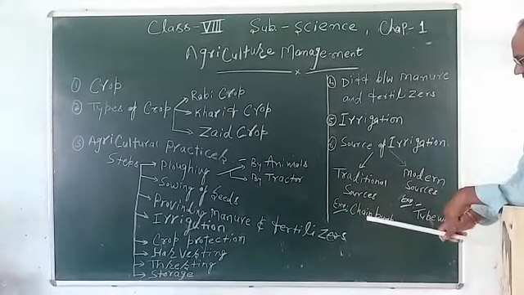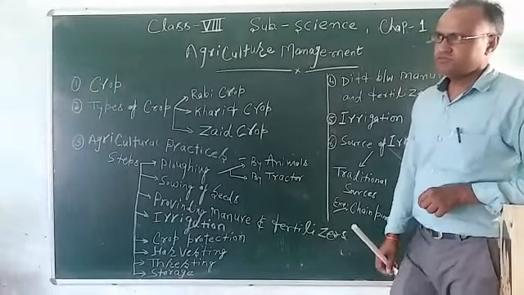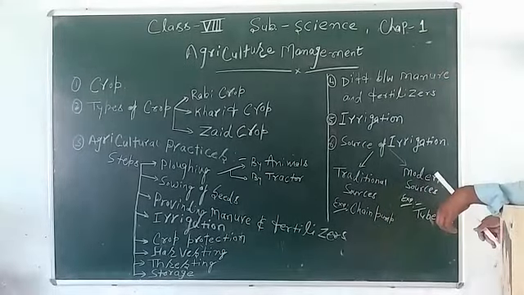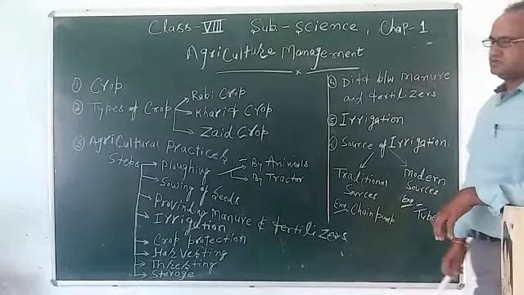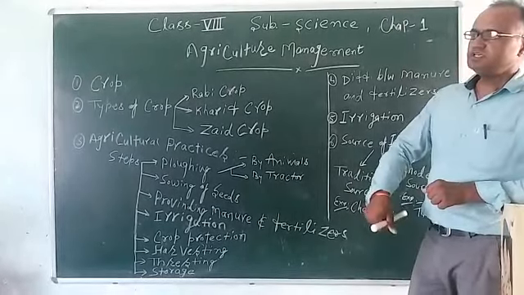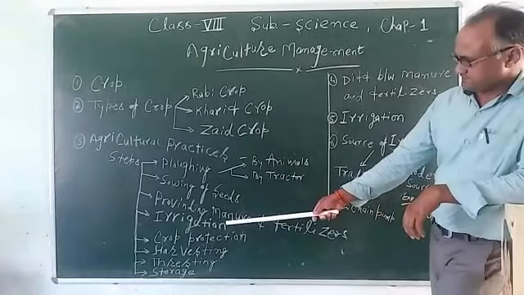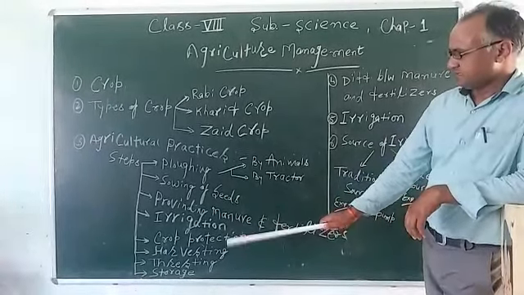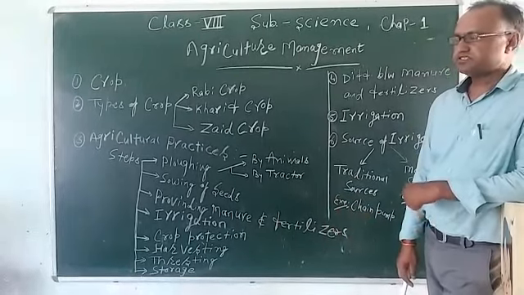In the traditional method, we use the chain pulley system. And in the modern method, we use tubewells. Now in these days we also use sprinklers.